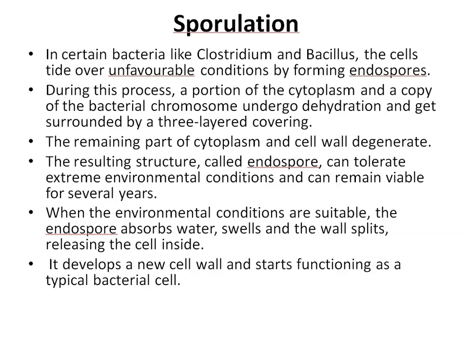Dehydration means loss of water, and it gets surrounded by a three-layered thick covering. The remaining part of the cytoplasm and cell wall then degenerate, and the resulting structure is called an endospore.